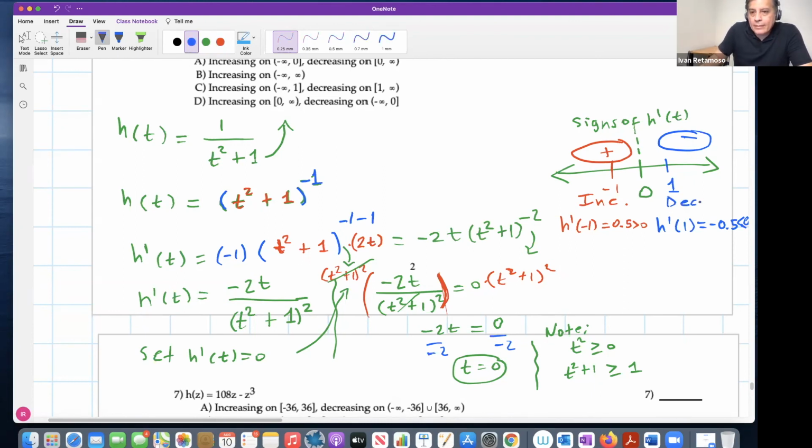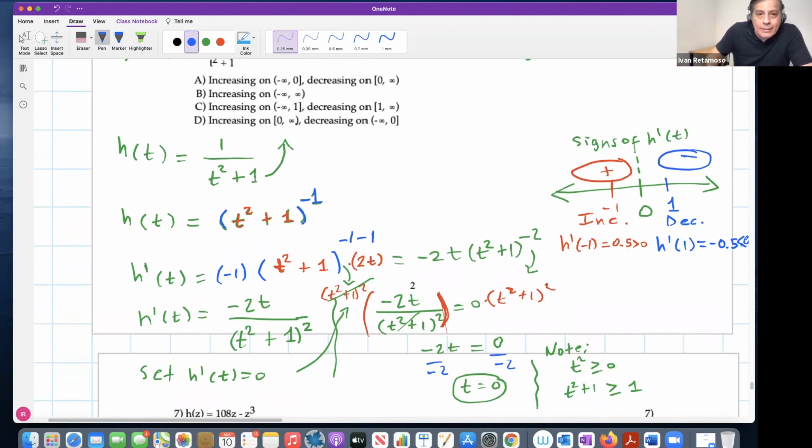So increasing from negative infinity to 0, decreasing from 0 to infinity. And this is what this is saying: increasing from negative infinity to 0, decreasing from 0 to infinity. Very good, guys. That's it.